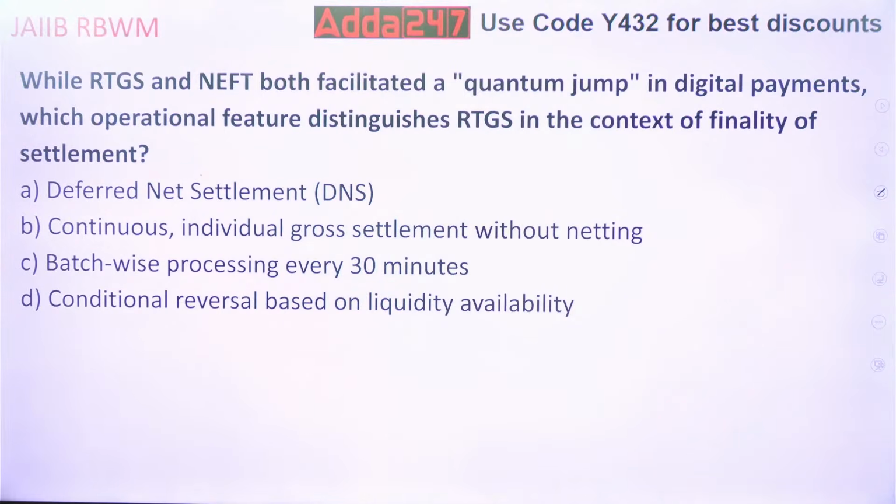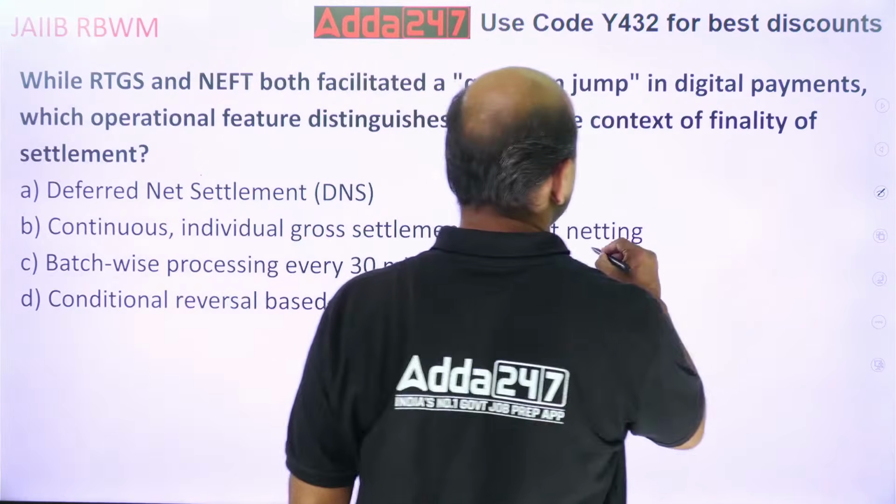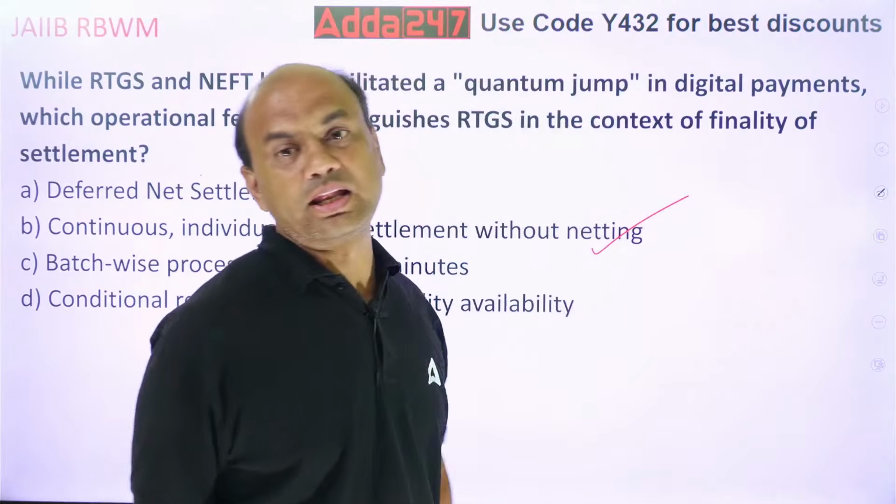Think. RTGS consists of B, without netting.